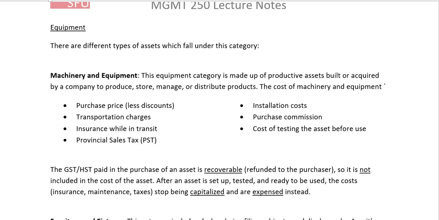Equipment. There are different types of assets which fall under this category. Machinery and equipment. This category is made up of productive assets built or acquired by a company to produce, store, manage, or distribute products.